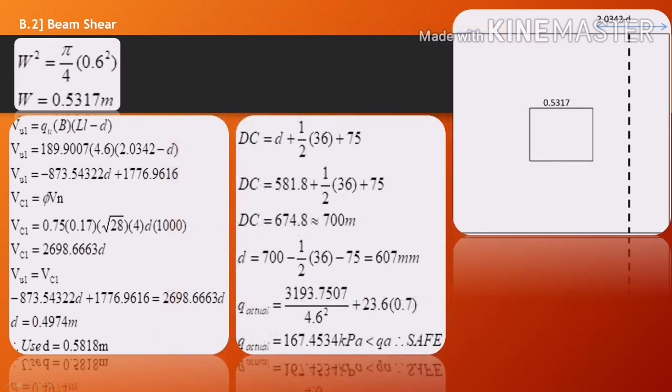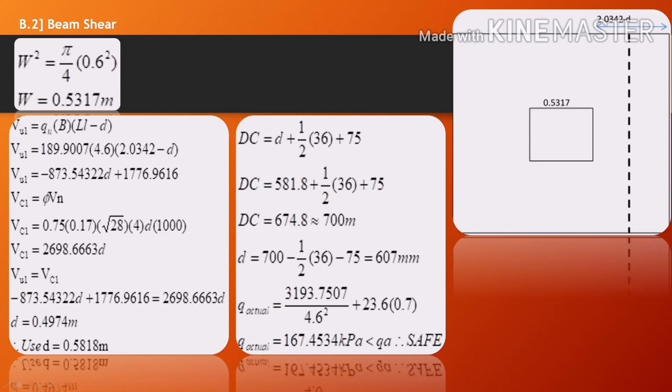Now, let's compute for DC, which is equal to D plus 1/2 times 36 plus 75, which is equal to 581.8 plus 1/2 times 36 plus 75. So, therefore, DC is equal to 674.8, which is approximately 700 millimeters. Now, let's compute for D, which is equal to 700 minus 1/2 times 36 minus 75, which is equal to 607 millimeters.